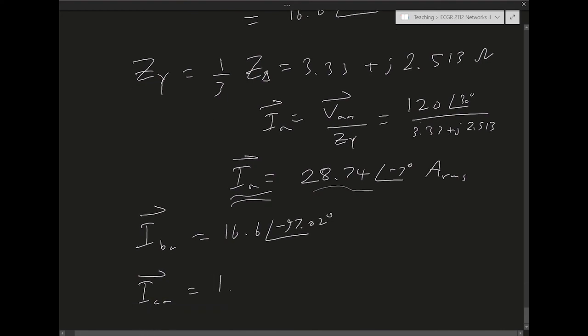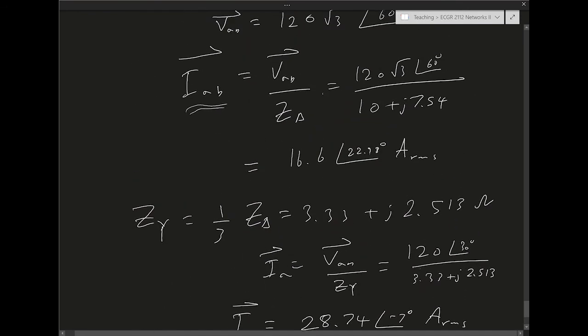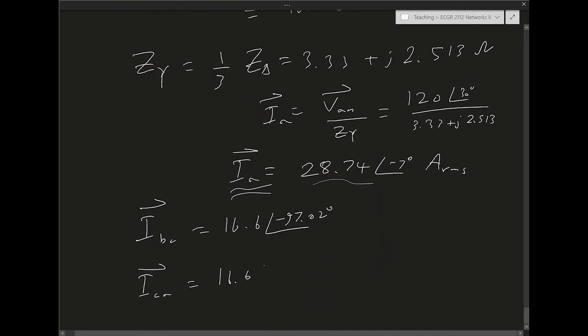ICA is going to be 16.6. I'm going to take this angle and add 120 to it, so minus 120 plus 120, or minus 120 minus 240, which is going to be 142.98 degrees. And then the other two line currents are going to be the same as this. IB: 28.74, minus 7 minus 120 is going to be -127.01 degrees.